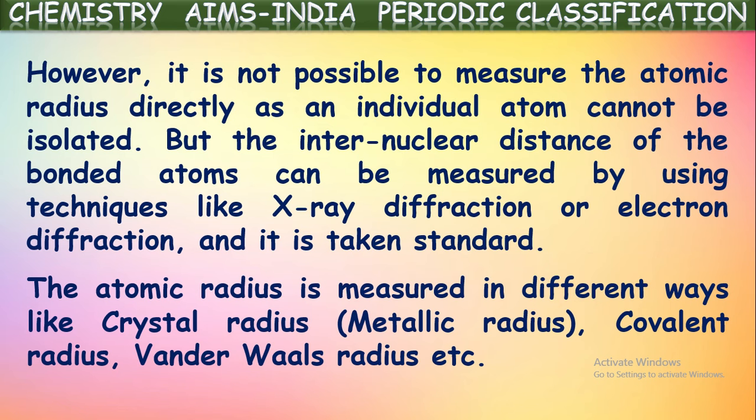Atoms might be present in different types of substances. That is why atomic radius is measured in different ways: crystal radius for metallic substances, covalent radius for covalent compounds, and van der Waals radius for non-bonded atoms. In this way, atomic radius is expressed in different ways.